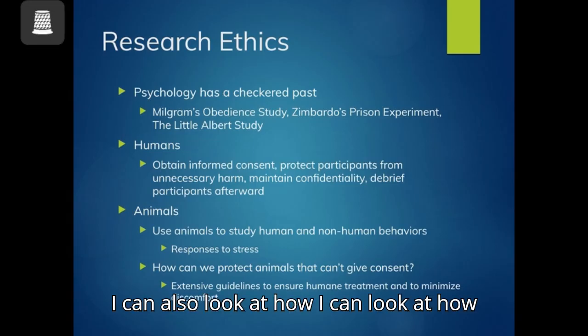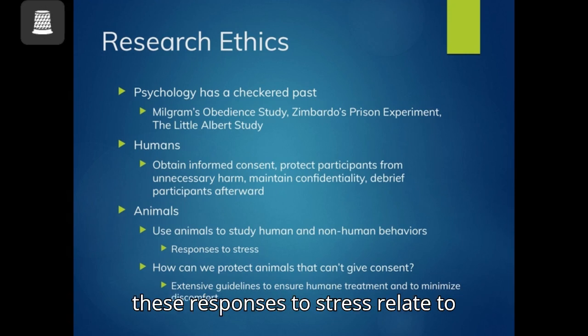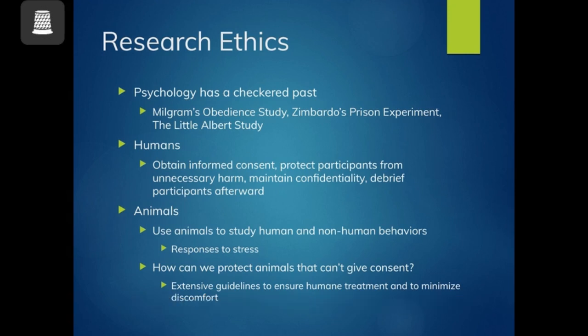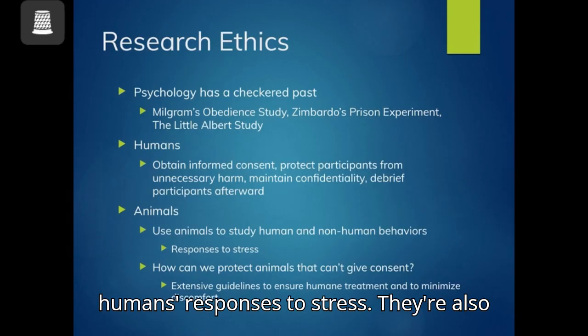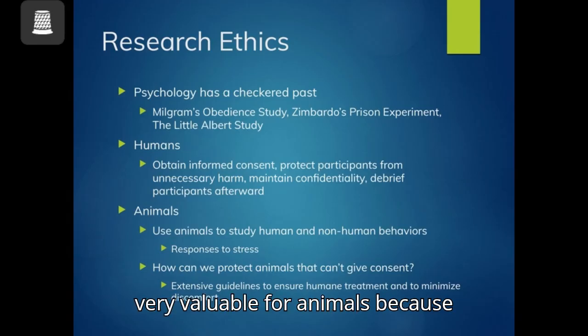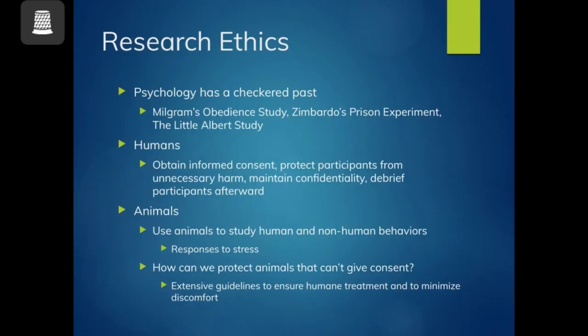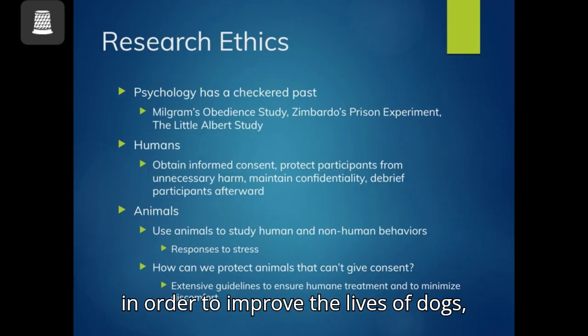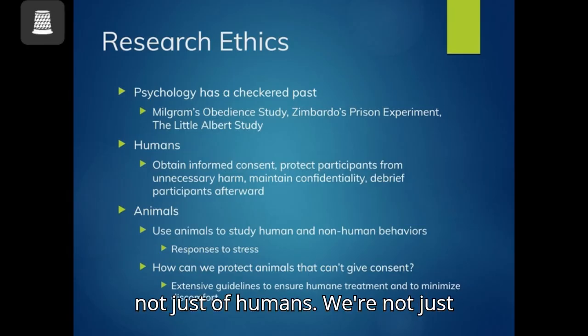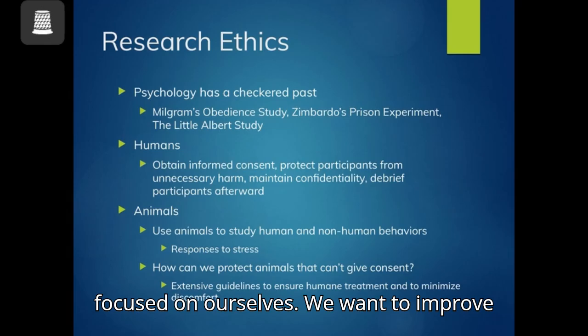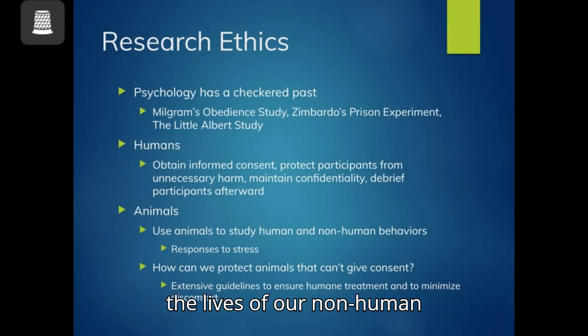I can also look at how these responses to stress relate to humans' responses to stress. They're also very valuable for animals because we can use research on how dogs respond to stress in order to improve the lives of dogs, not just of humans. We're not just focused on ourselves. We want to improve the lives of our non-human friends.